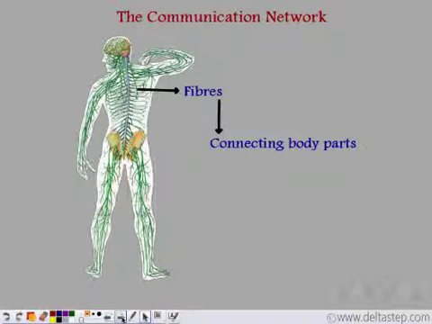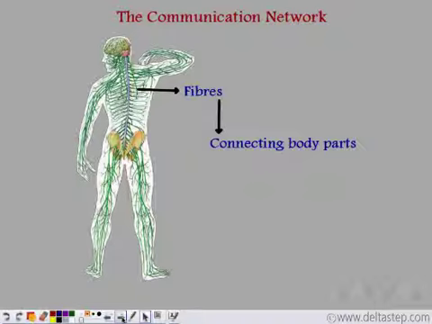So there has to be some communication network between the eyes and the hands or the legs. So what is providing or what creates this communicating network? Well, yes, see, there are fiber-like structures connecting all the body parts.